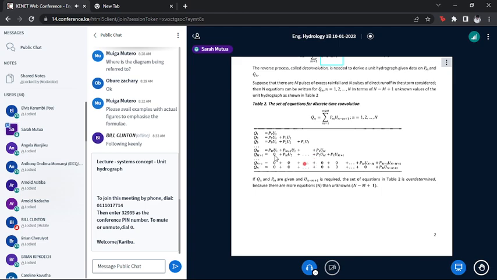From the set of equations, you can develop a matrix which has more equations than the unknowns. You make so many simultaneous equations with more equations than the unknowns. So normally the matrix is overdetermined.